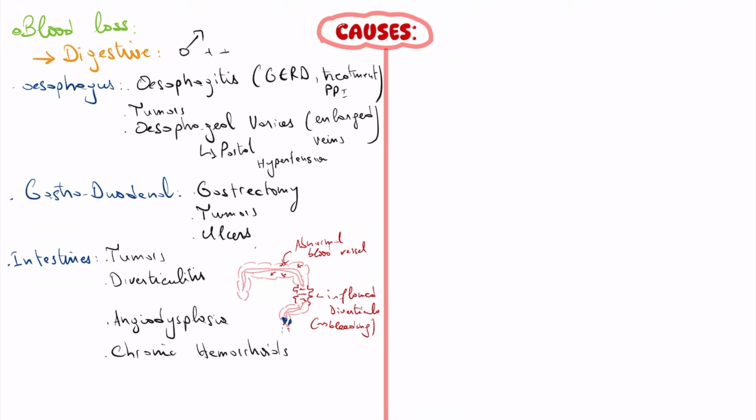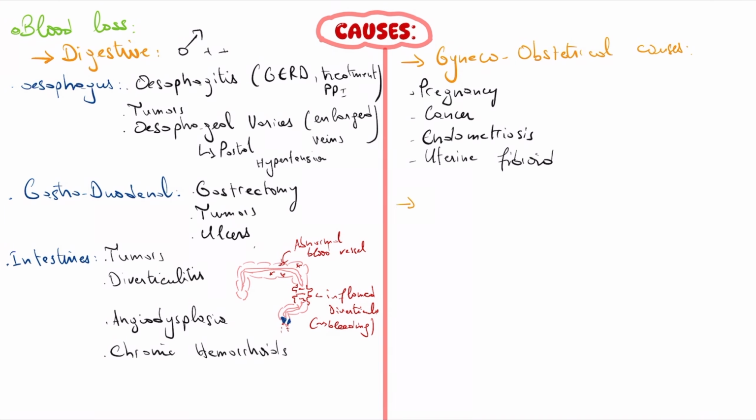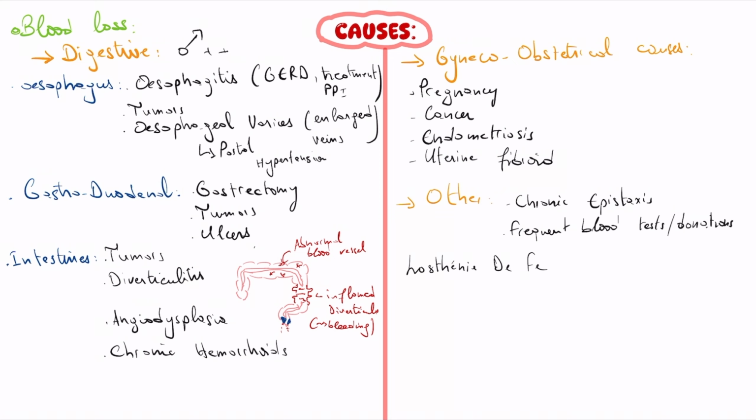Moving on to gyneco-obstetrical causes, we have pregnancy, cancer, endometriosis from heavy menstrual bleeding, or uterine fibroid. Other causes can include chronic epistaxis, frequent blood tests and donations, or a syndrome called Lasthénie de Ferjol syndrome. It's self-induced blood loss.